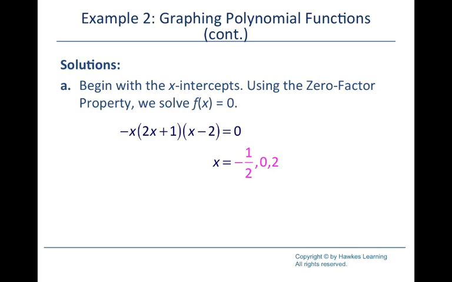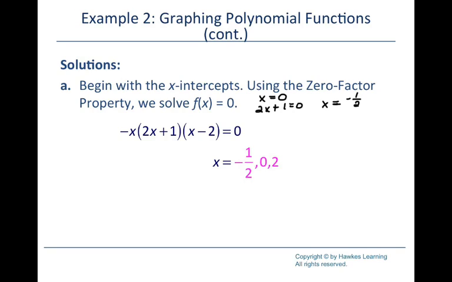So that means our zeros we find by setting each one equal to 0. In case you forgot what you do there, that means that our x is equal to 0, that x by itself. Then we have 2x plus 1 equals 0, which is where we get x equals negative 1/2.